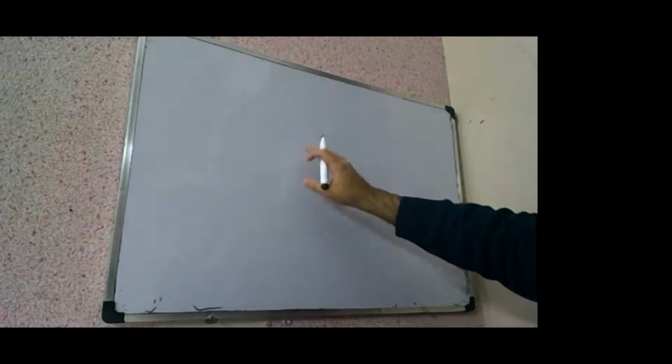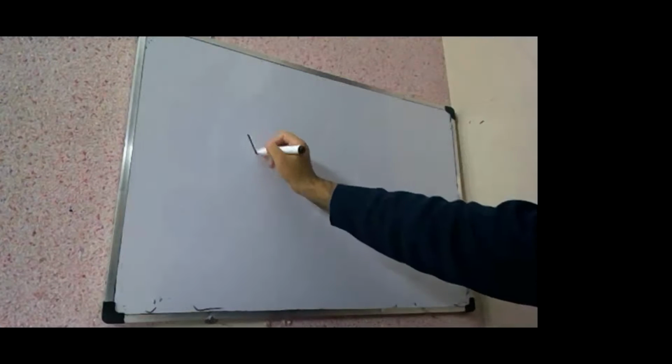Now, we have discussed x bar. You can see the whiteboard clearly, right? So what is x bar?